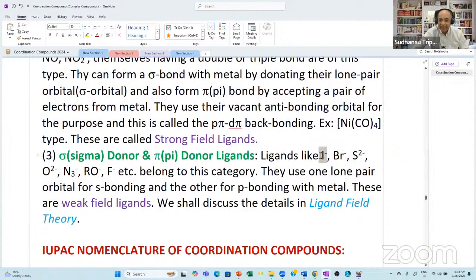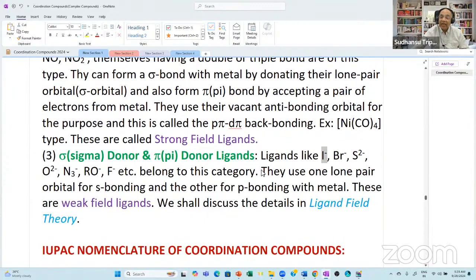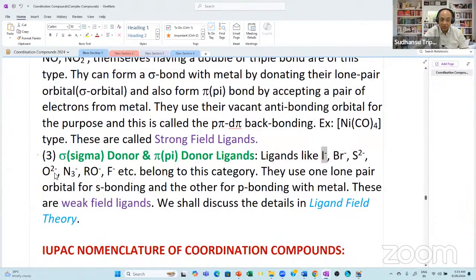Ligands like iodide, bromide, fluoride, sulfide, oxide, water, and all other oxygen and ionic ligands. And of course azide, although nitrogen is there, still falls under this category. It can form a sigma bond and a p orbital for sidewise overlapping, both donation.